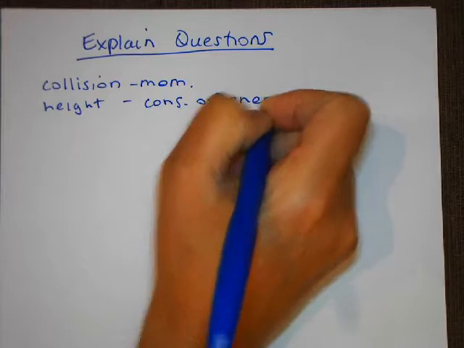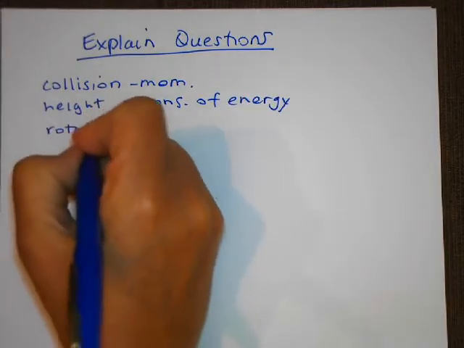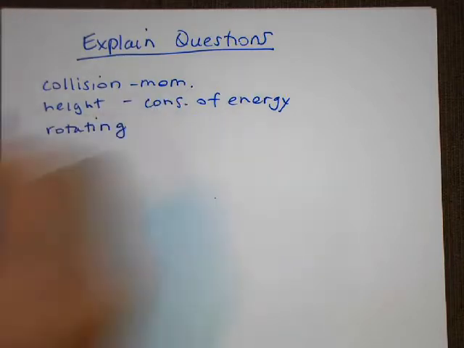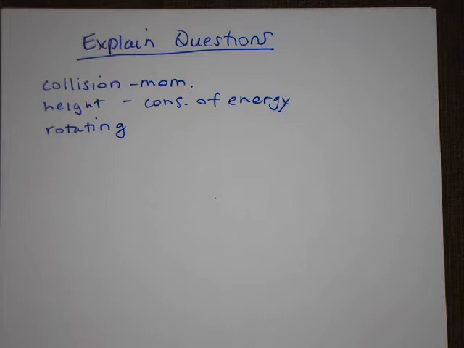Again, I want to identify if something is rotating about an axis. So initially, I want to say, what are the physics principles involved? That's always going to be the first step with this type of problem.